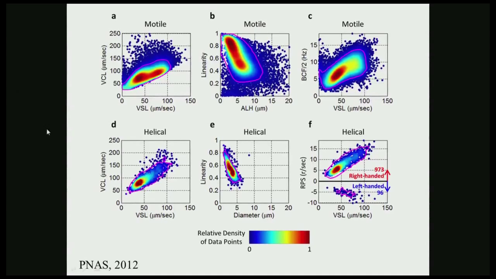What you see here is the characterization of different parameters of these moving organisms. Among model sperms, what you see here, their linearity, their curvilinear and straight velocities, of these 24,000 model sperms, only about 1,000 of them were helical, about 4 to 5%. But what's interesting here is that 90% of the helices were right-handed.